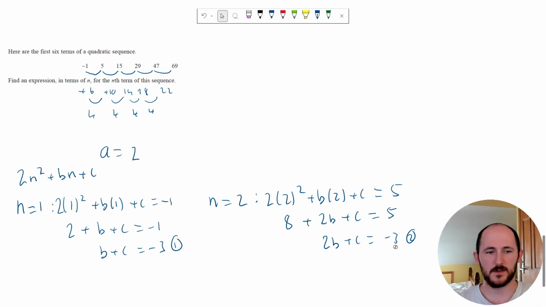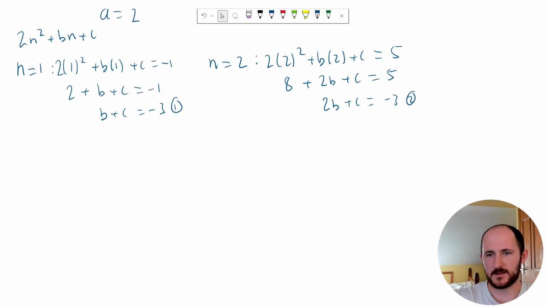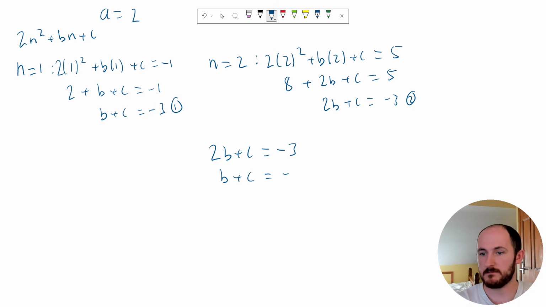And now all we have to do is solve it by putting them on top of each other and subtracting as usual. So that gives us 2b plus c equals negative 3, and on the bottom it's b plus c equals negative 3. Cool. Subtracting those two equations gives us b equals minus 3 minus minus 3 is 0, of course.